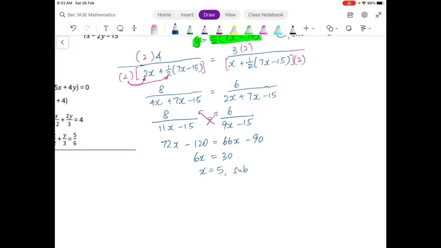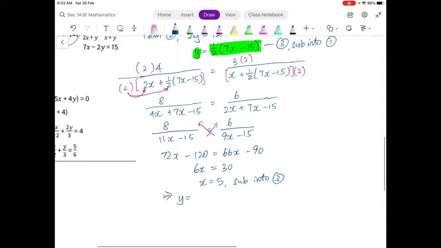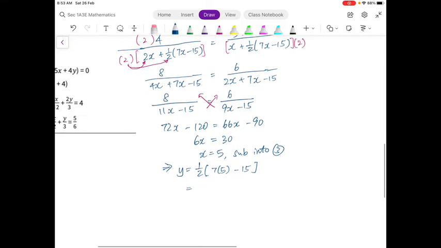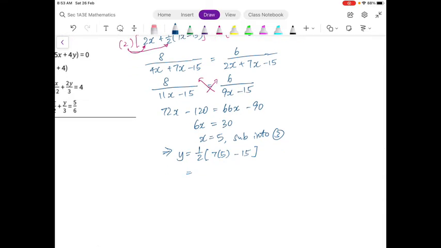So we sub into our equation number 3. Y will then have a value of half times 7 times 5 minus 15. Okay, so 35 minus 15, that's 20, divided by 2, 10. So our x value is 5, while our y value is 10.